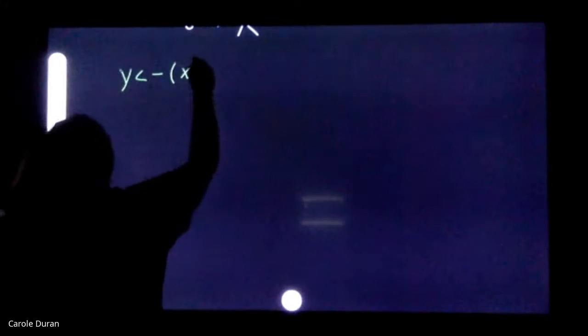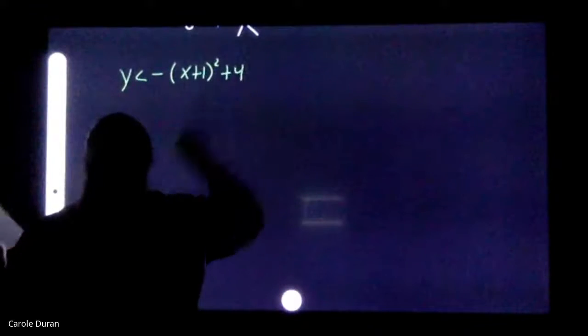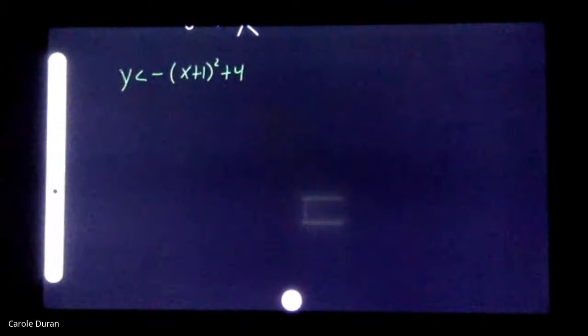My next inequality is y less than the negative of the quantity x plus 1 squared, plus 4. Again, I recognize that this is really close to vertex form. And if it was in vertex form, I would easily be able to identify my vertex.